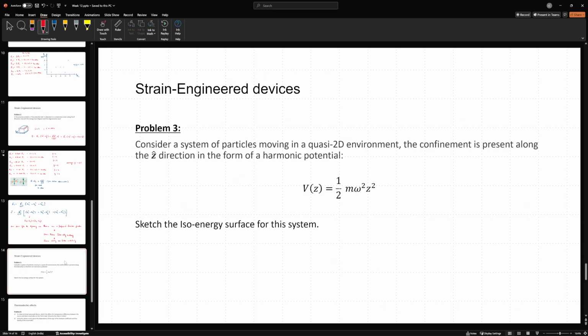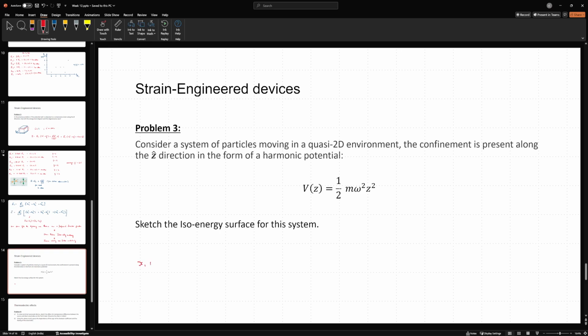Okay, so the next question, the third question, is just on how to sketch the isoenergy surfaces. So now consider a system of quasi particles moving in a quasi 2D environment. Now the confinement is present along the z direction in the form of a harmonic potential. Essentially, what I mean to say is along the x and y directions, the electrons are free to move.